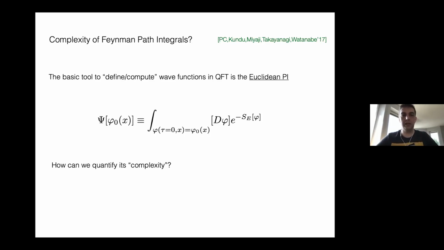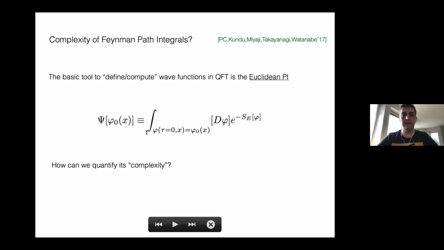The basic tool, when we talk about states or wave functions in quantum field theories or in quantum mechanics, to compute or define them is the Euclidean path integral of Feynman. The wave function is defined as the Feynman path integral, a functional of a boundary condition, this curly phi 0 of x.